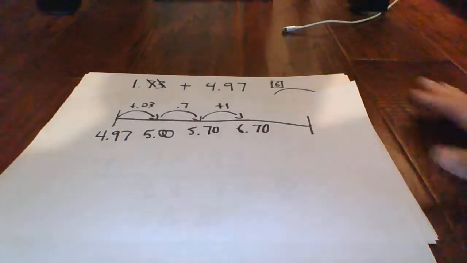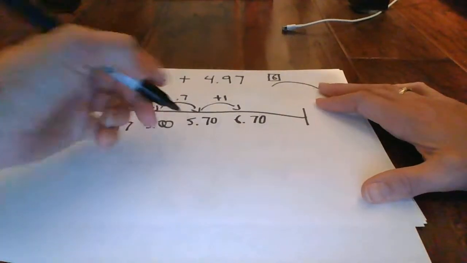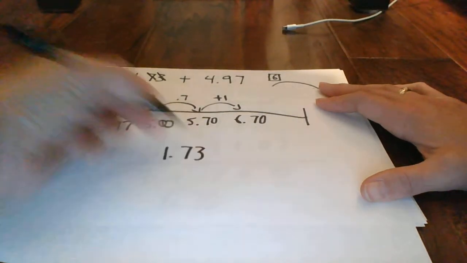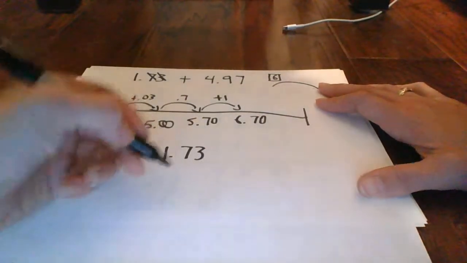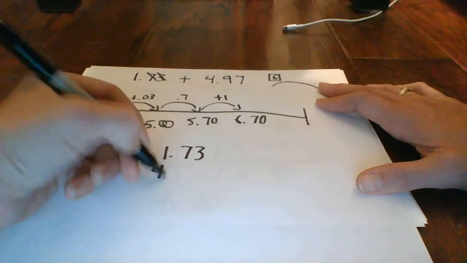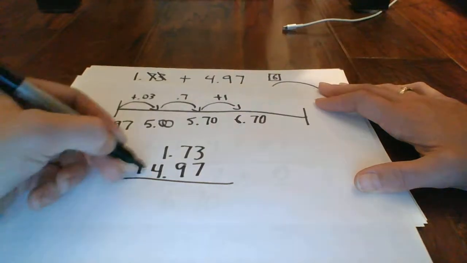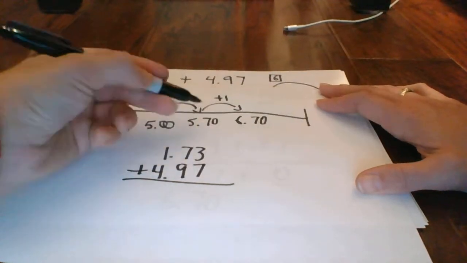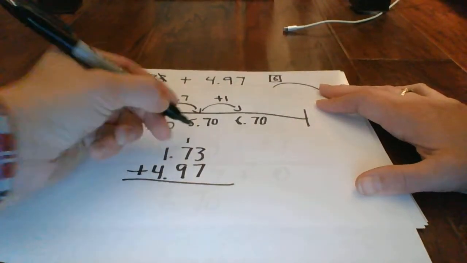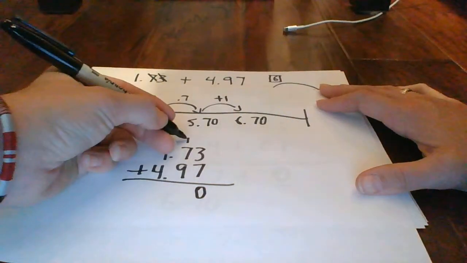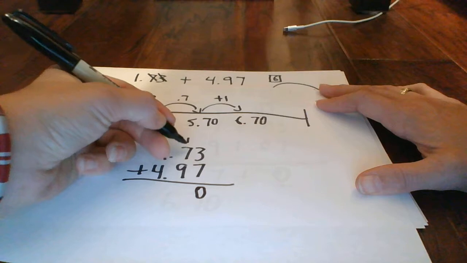And then of course the final way that you can do this is the standard algorithm. And so if I do 1.73, I have to line up my place values. And so I have the wholes, the tenths, and the hundredths. 7 plus 3 is 10, so the 10 goes to the tenths. The 0 goes down. 9 plus 1 is 10, plus the 7 is 17.